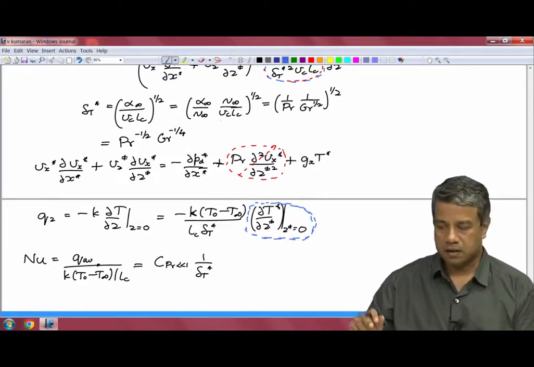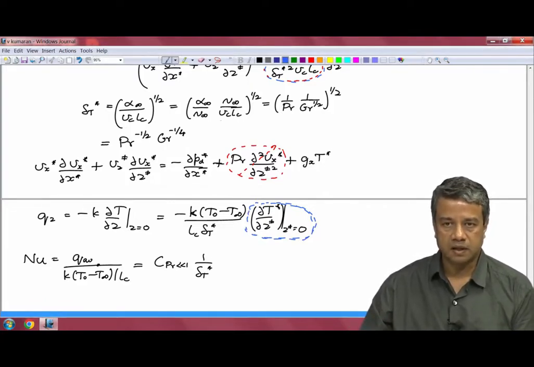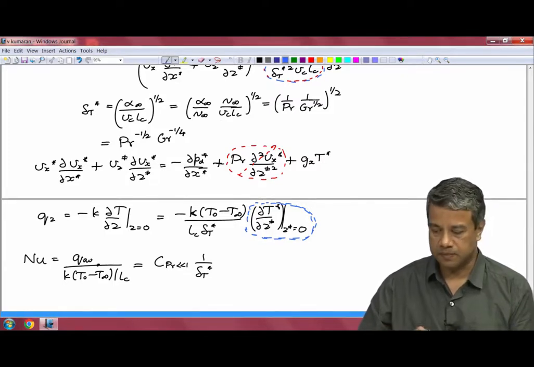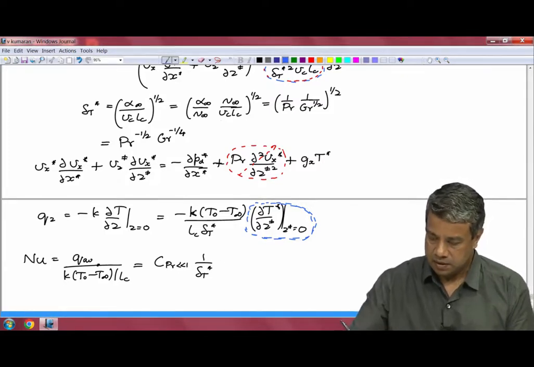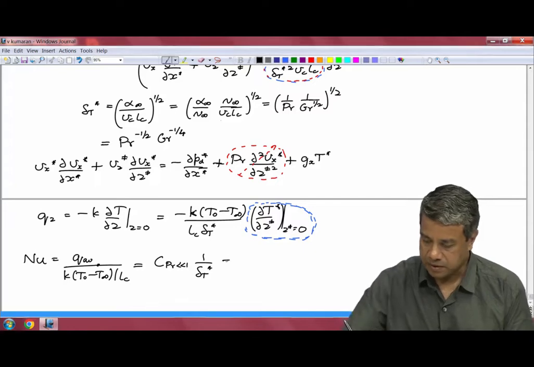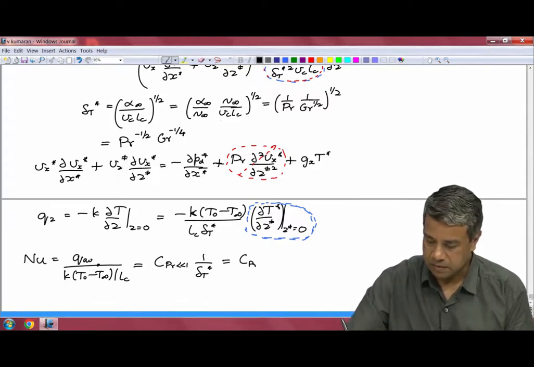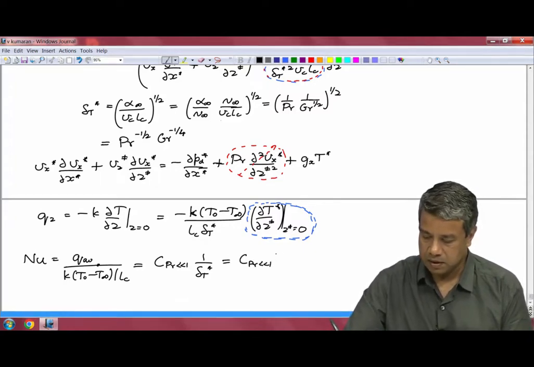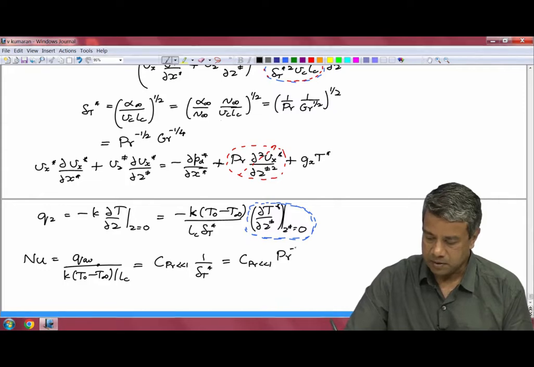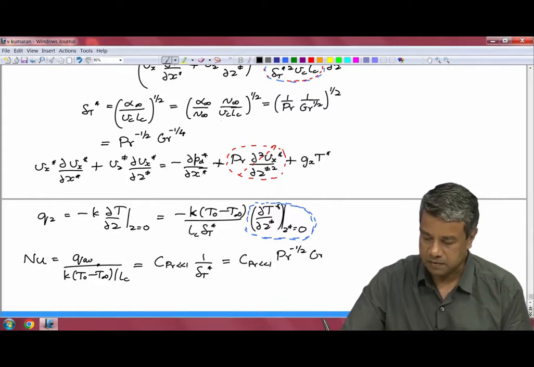This term contains no parameters, therefore, the integral will depend only upon geometry, it does not depend upon the Prandtl number. So, therefore, this is equal to a constant for Prandtl number small compared to 1 times PR to the minus half times the Grashof number to the minus 1 by 4.